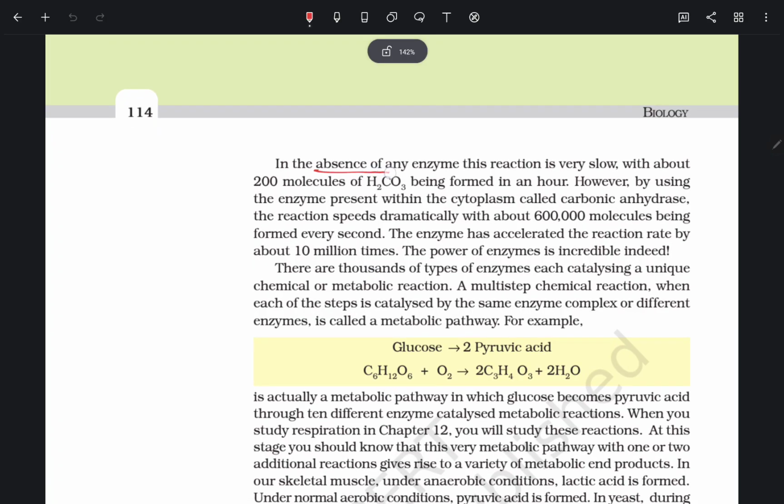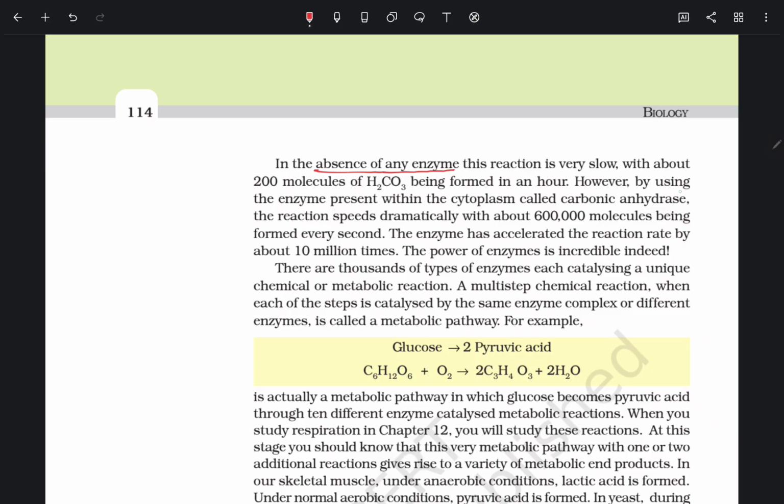In the absence of any enzyme, this reaction is very slow, with about 200 molecules of H2CO3 being formed in an hour.